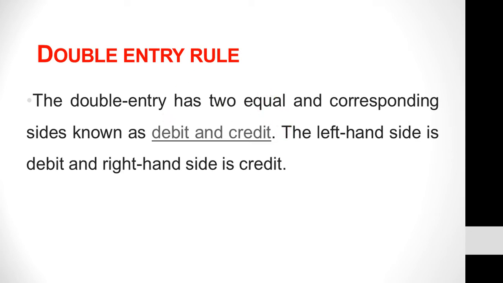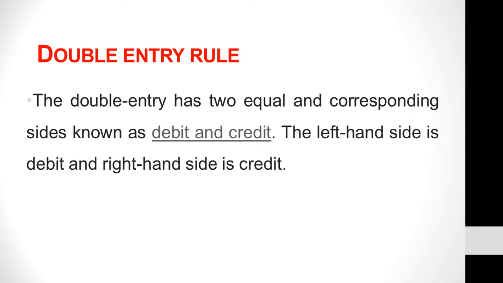So what we are going to do to record the transaction within the journal is to analyze this transaction into its involved accounts, then choose one or two or more of these accounts and place them within the debit side, and choose other accounts and place them within the credit side, and the total debit must always equal the total credit.